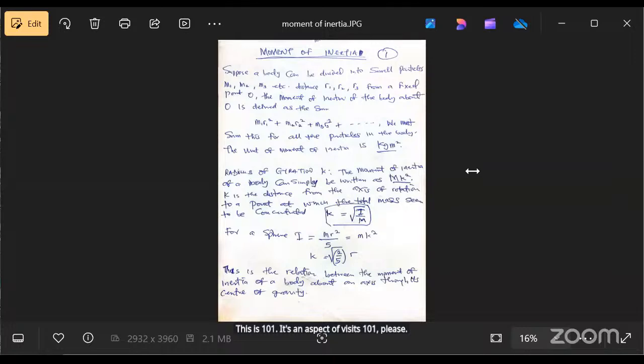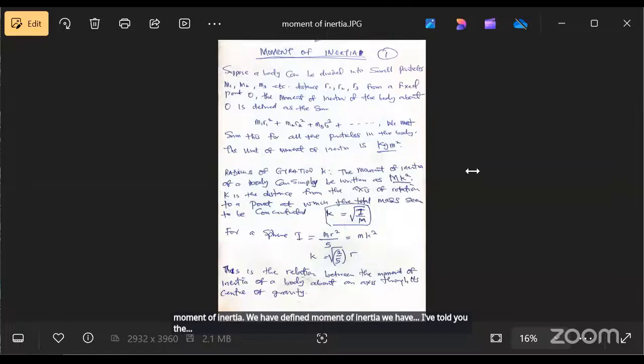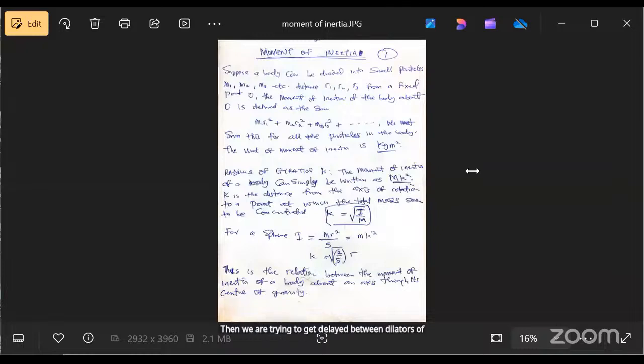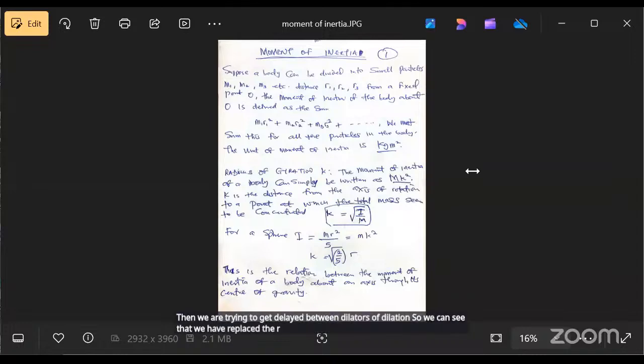So we have spoken about moment of inertia. We have defined moment of inertia, and I've told you the unit of it. Then we are trying to get the relation between the radius of gyration and moment of inertia. We have replaced the R with the radius of gyration.